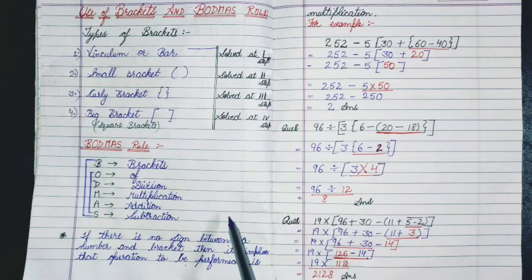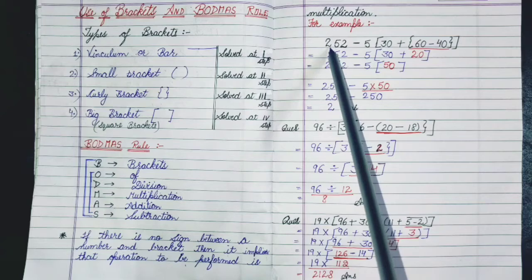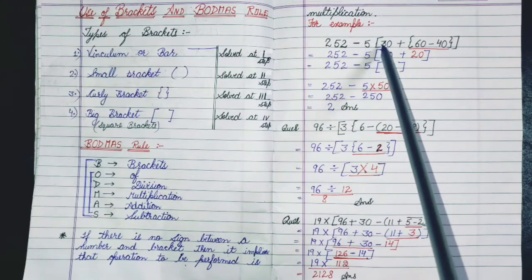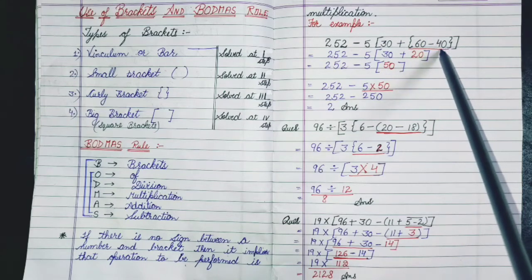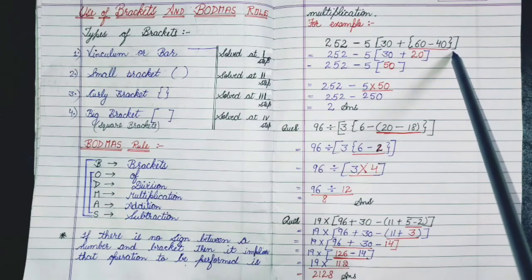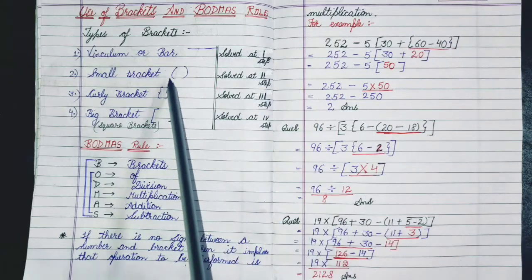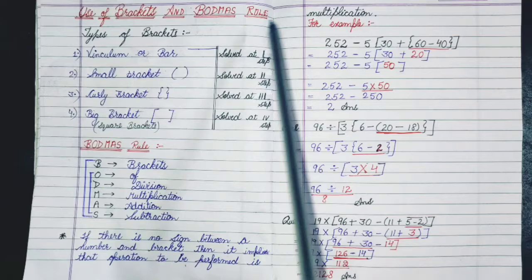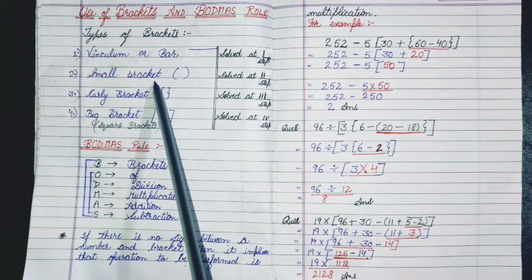Yes, let's understand one example. The example is 252 minus 5 big bracket 30 plus curly bracket 60 minus 40 curly bracket closed, and then the big bracket closed. Class, first of all, which bracket do we have to solve? First of all, we have to solve the bar. Is there any bar in the question? No. Second, what do we solve?